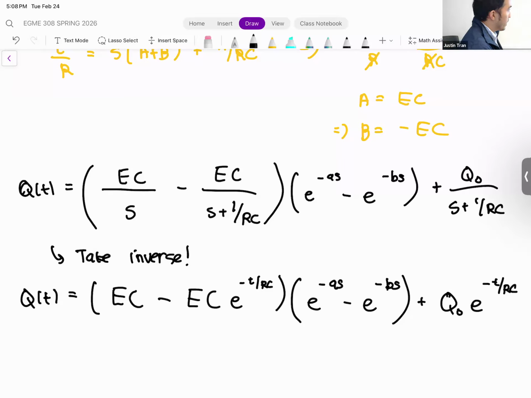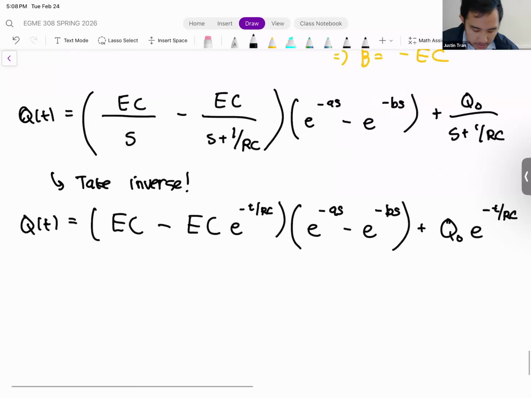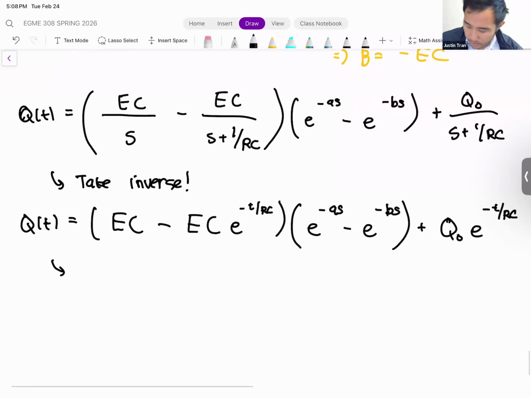All I did in this step is that, every expression that has S except for the shifts, I applied our inverse to it using our Laplace transform table. All right, and then last step, finally, we can go ahead and apply our shifts.